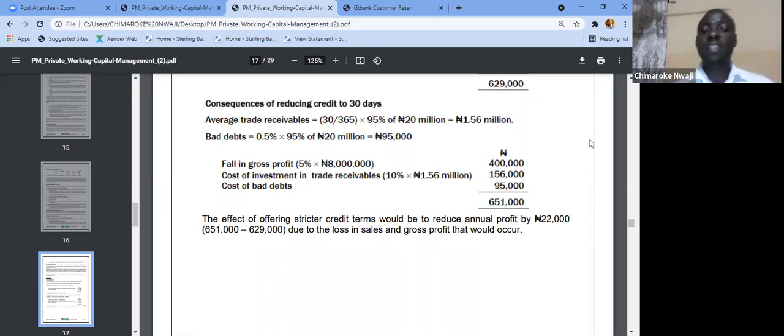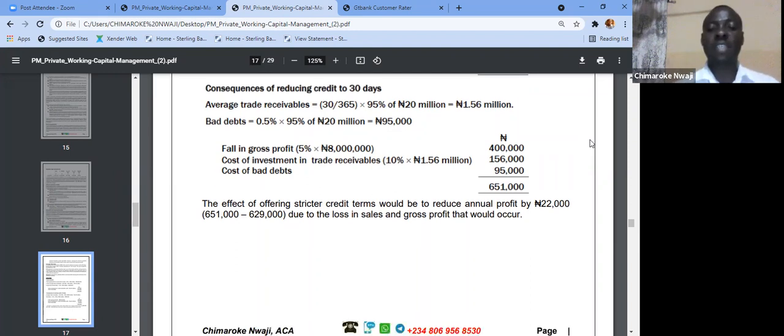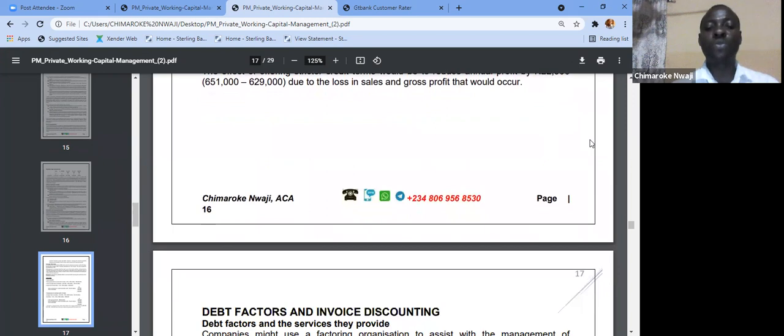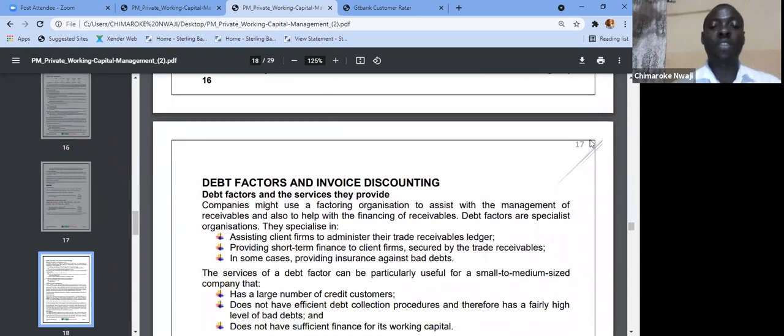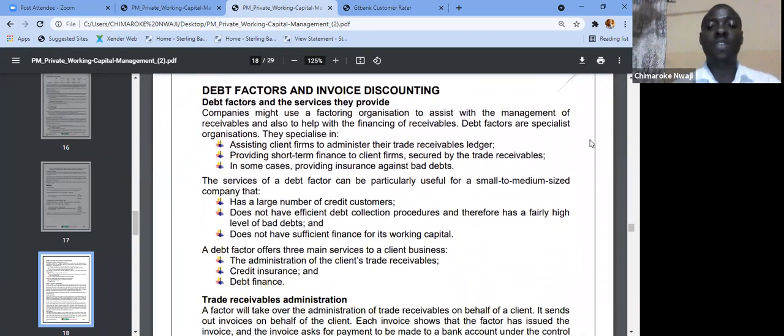That increase in cost will reduce your profit. And so in that case, it will not be good if you go on 30-day credit. So you still need to give them 60-day credit so that you will not reduce your profit.